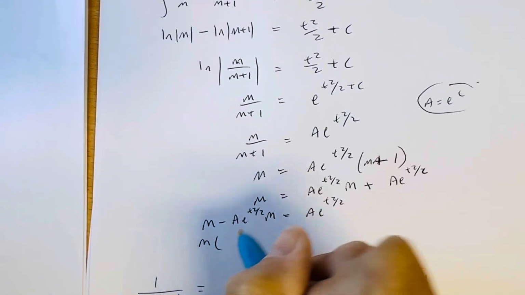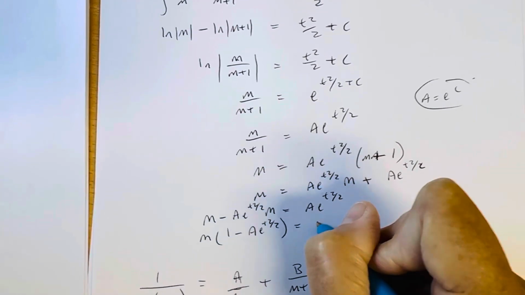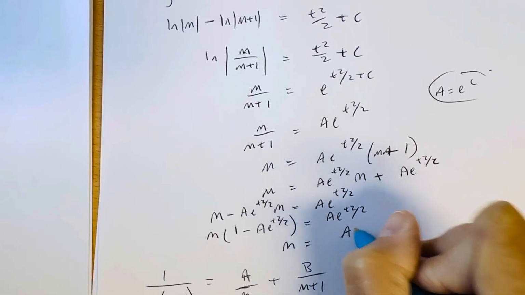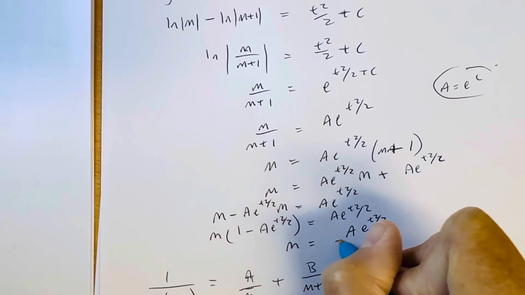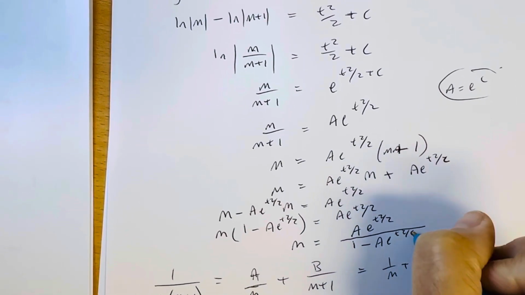Then we factorize the m outside. And then m equals a e to the t squared on 2 over 1 minus a e to the t squared on 2.